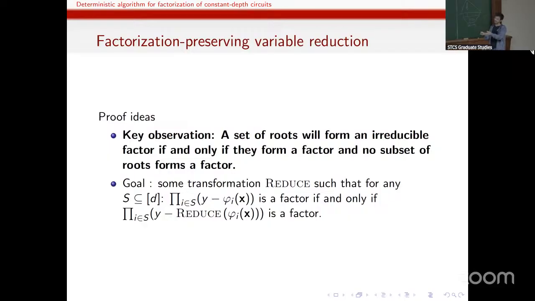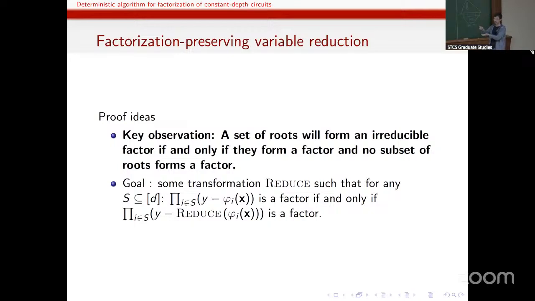It is possible that once you reduce the number of variables, suddenly just y minus phi1 times y minus phi2 has become a factor by itself. So we just want to ensure that that does not happen. So what does that mean? We want some transformation such that some subset of roots form a factor, which is a divisibility condition, that A divides B. This product is a factor of the original polynomial.